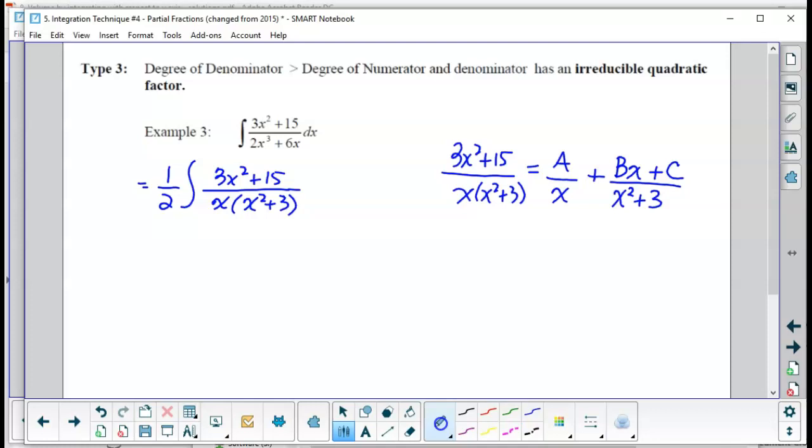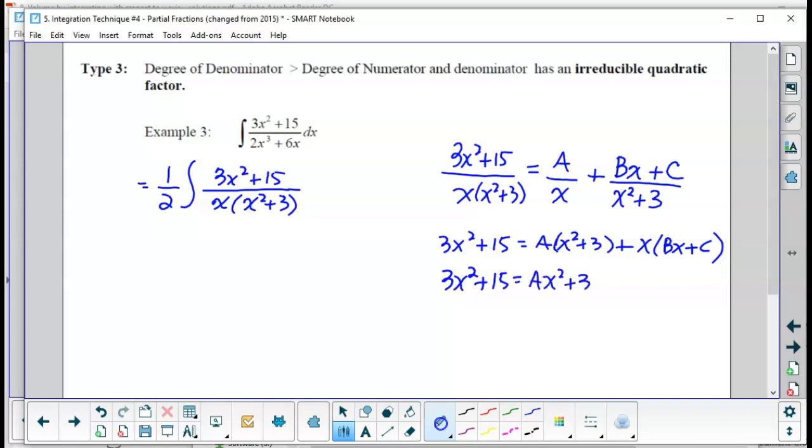Now if I multiply through by the common denominator, then I'm going to get 3x squared plus 15 equals a times x squared plus 3, plus, then it would be x times bx plus c.